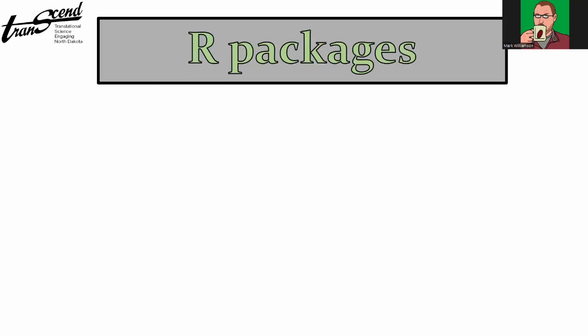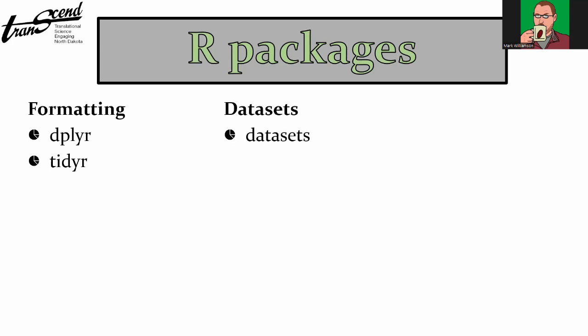So the R packages will be used today. Just to format things, we'll be using dplyr and tidyr, so part of the tidyverse. You can just load in the whole tidyverse if you want to. For data sets, we're going to use datasets, ape for some of the trees, Stats2Data has a lot of data sets, and the MASS package.